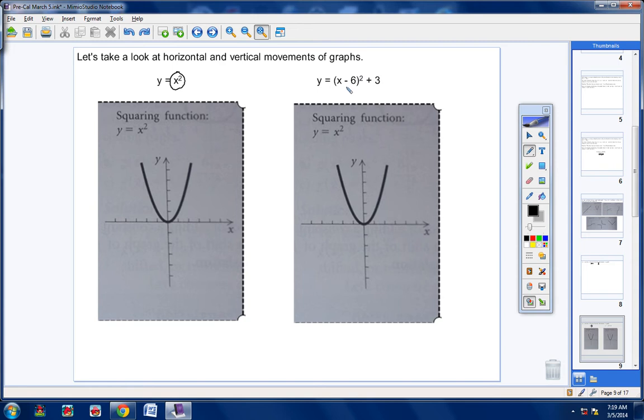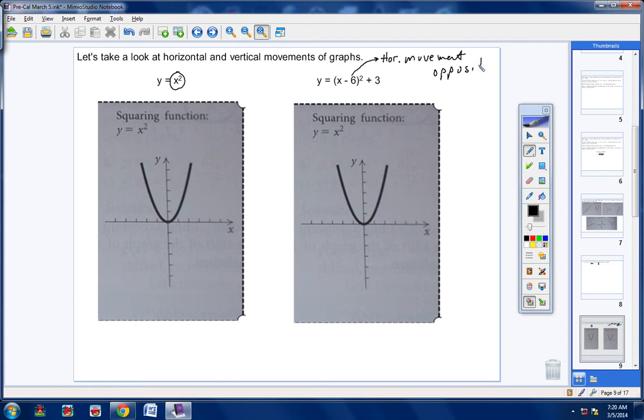Anytime a number is added or subtracted directly to the x, like this one is, that is going to be a horizontal movement. You will want to make a note of that. Somehow in your notes, circle this and draw a side note saying this is a horizontal movement. And it always moves the opposite of what you would think.